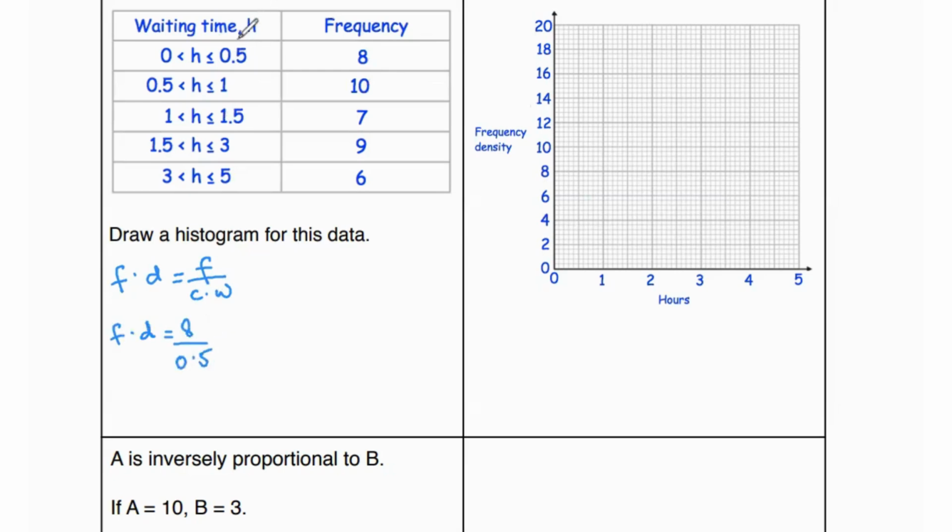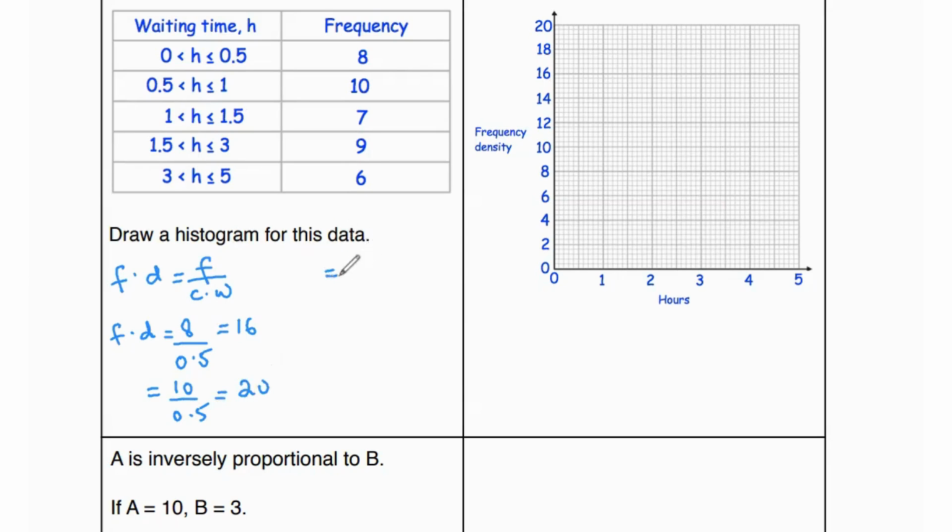Also for the class width, basically subtract the minimum value of the interval from the maximum value. So 0.5 minus 0 is basically 0.5, and 8 divided by 0.5 is 16. Then we find the next interval, which is going to be 10 over 0.5, and that is going to give us 20.